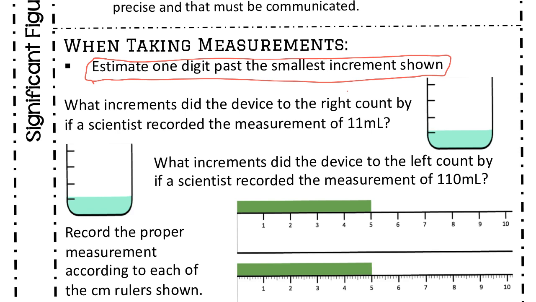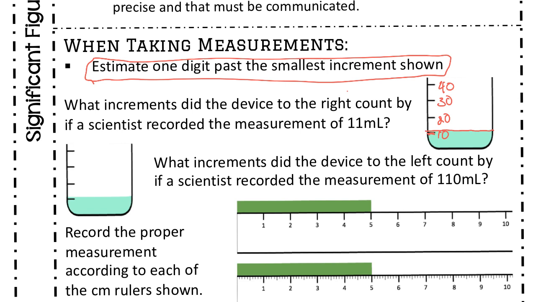It says, what increments did the device to the right count by if a scientist recorded the measurement of 11 milliliters? Well, if each one of these marks is 10 milliliters, there's 20, here's 30, here's 40, that line right there, the fluid line, would give you about 11.